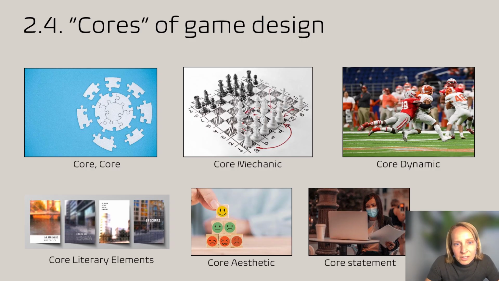The authors, Brathwaite and Schreiber, note though that in the game design industry, if someone says a core, they're often talking about dynamics. And again, dynamics is this particular pattern of play that has to deal with the mechanics. So if I have the football example here, the mechanics of a football game is that you move the ball down the field in particular ways.